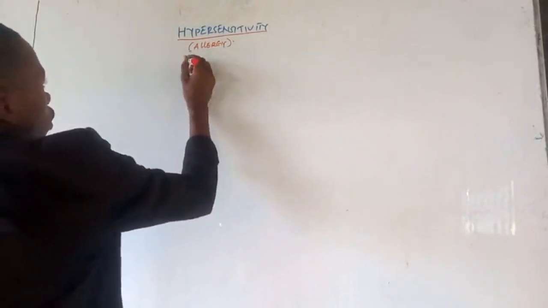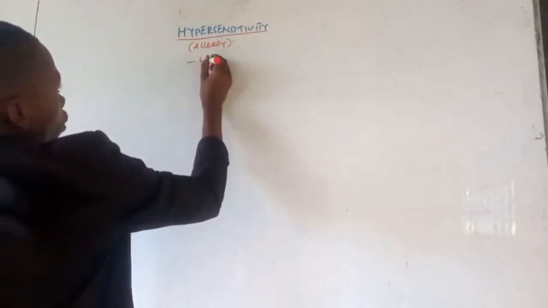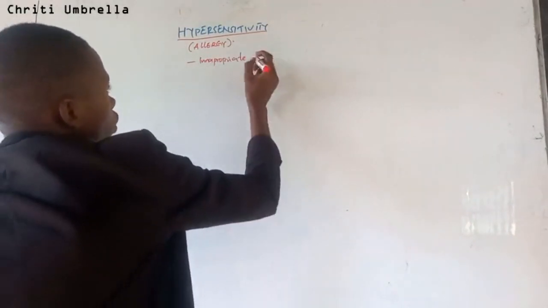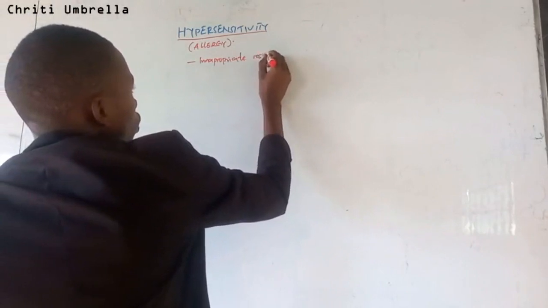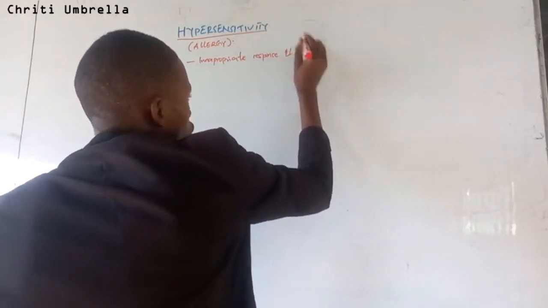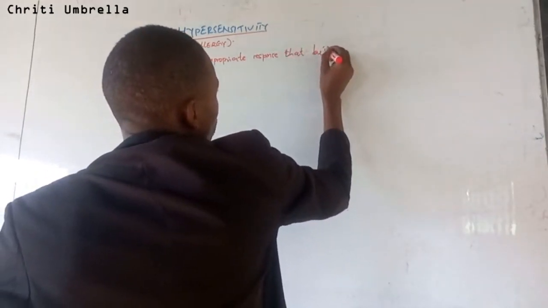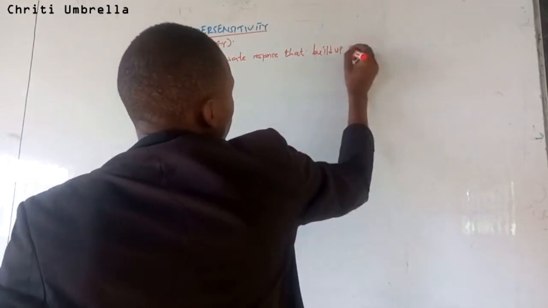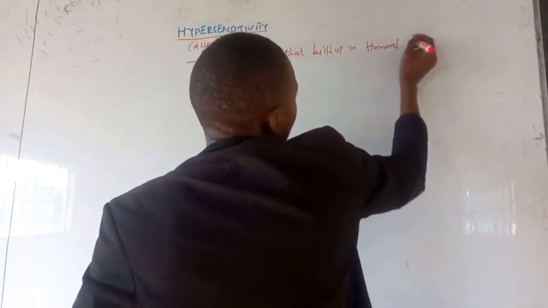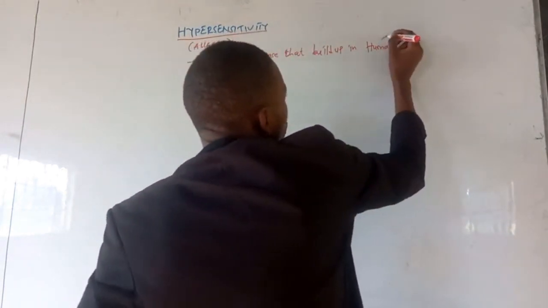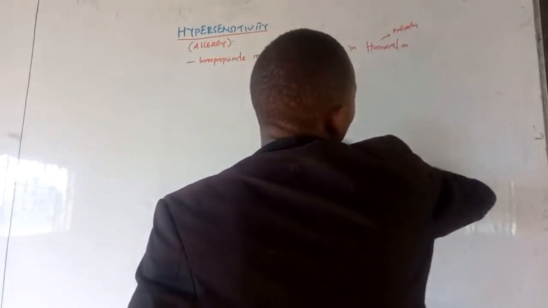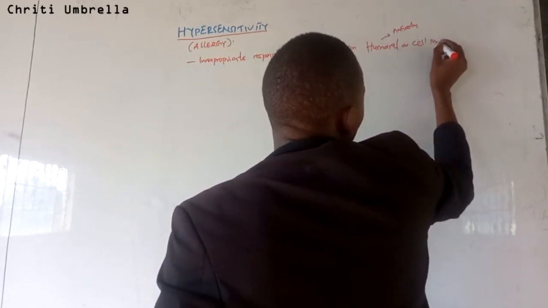So there is what we call an inappropriate response that builds up in humoral, simply we are talking about antibody, and cell-mediated responses.